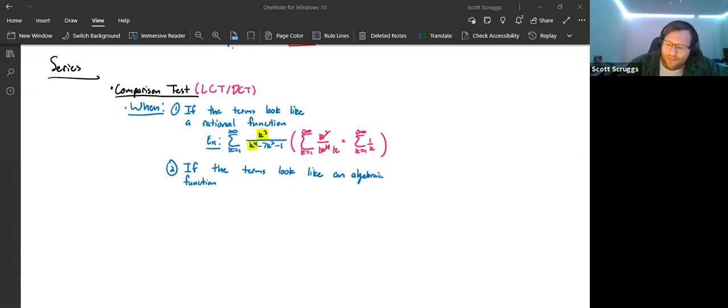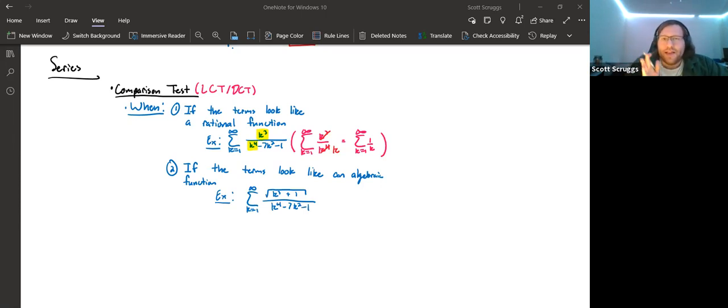One example would be this, where in my numerator I have the square root of k cubed plus 1 over k fourth minus 7k squared minus 1.